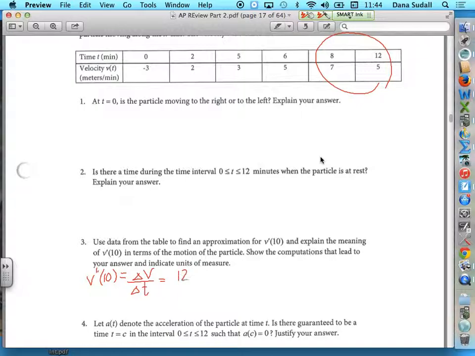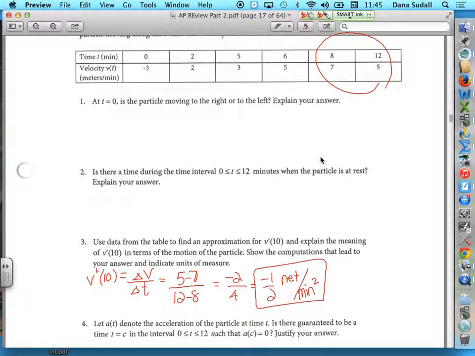So if I do my change in my velocity, which would be 5 minus 7, divided by 12 minus 8, that's going to give me negative 2 over 4, which is negative 1/2. We need to include the units for it, so it would be meters per minute squared.